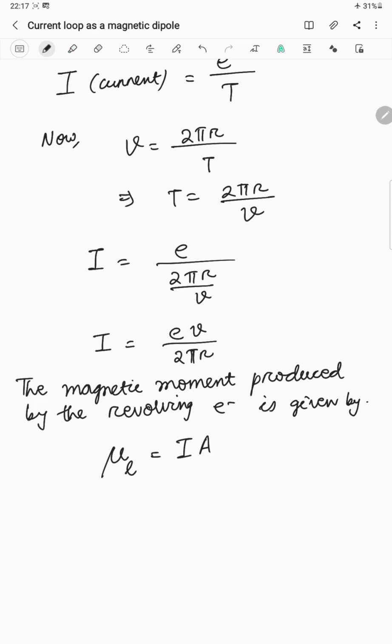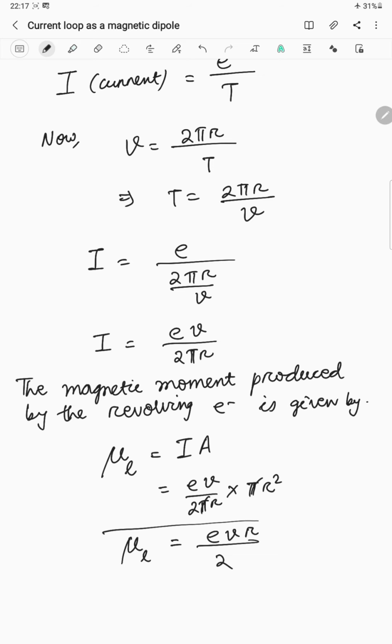Current into the area. The current you have calculated is EV by 2 pi r, and the area is pi r squared. So it will give you EVr divided by 2. Pi gets cancelled out, r gets cancelled out, so mu L will be EVr by 2.